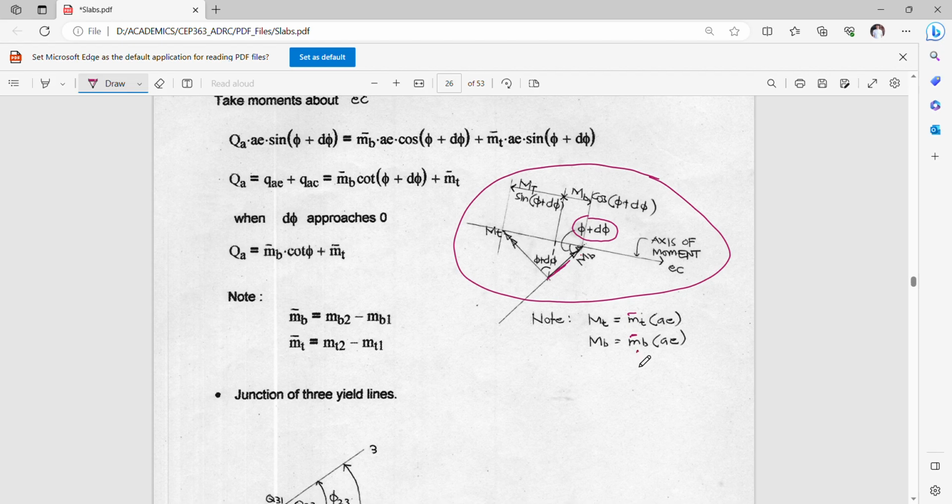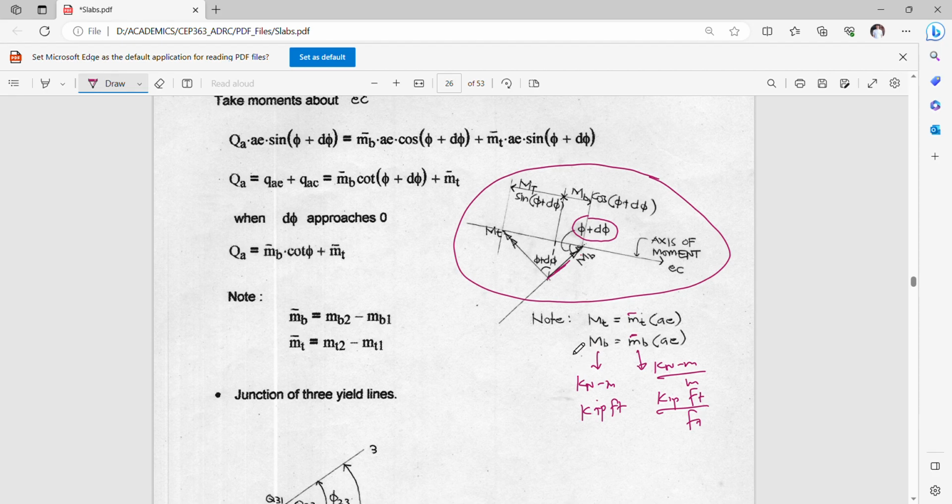These are in units of kilonewton meter per meter, while this will be in units of kilonewton meter. In terms of kip, this is kip foot per foot, and this is in terms of kip foot.